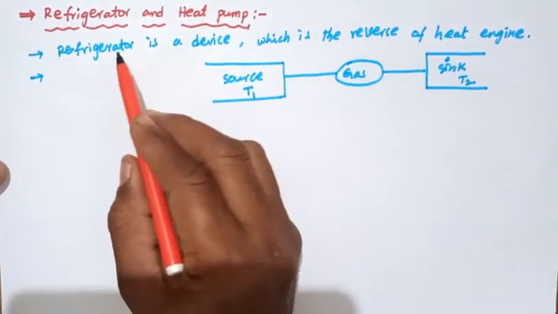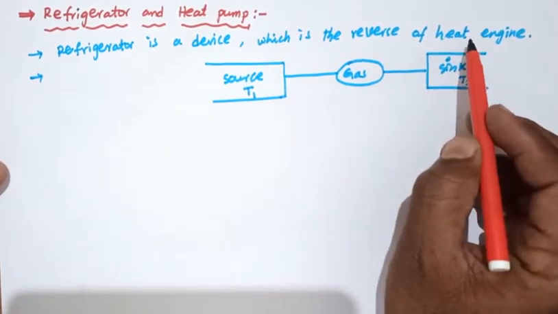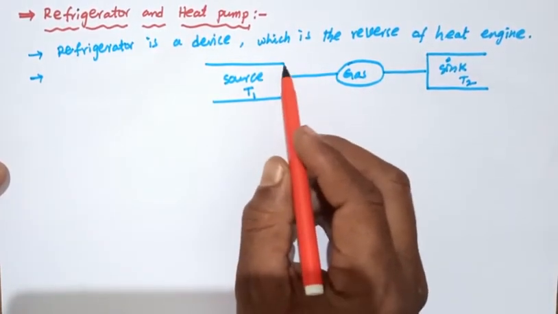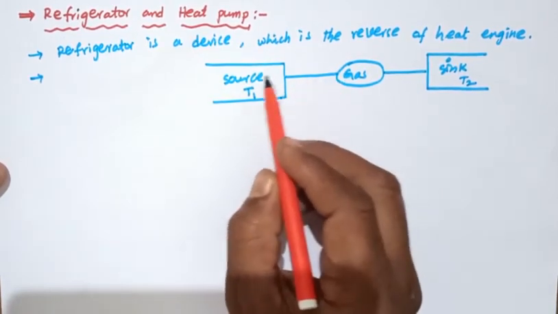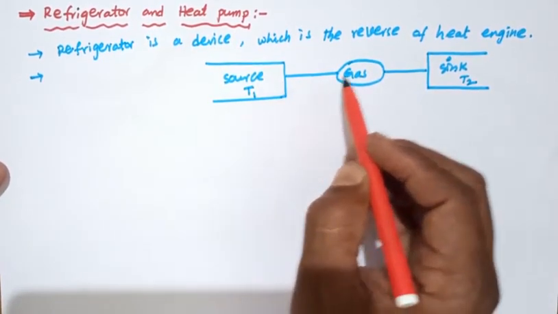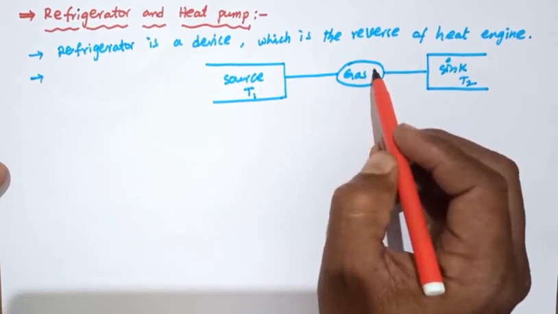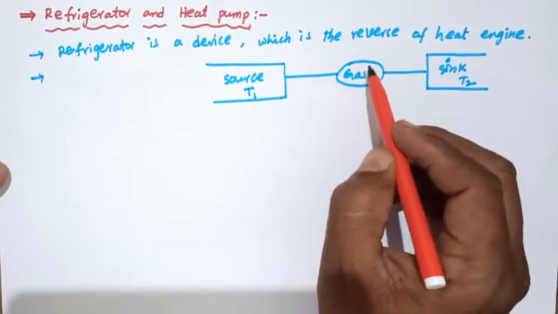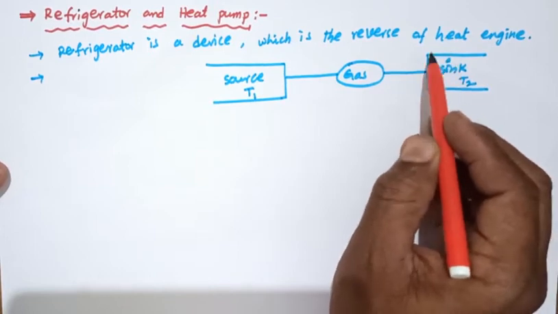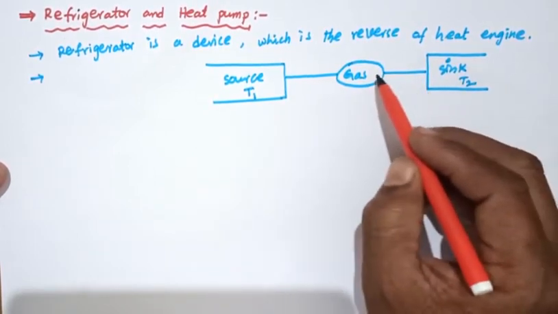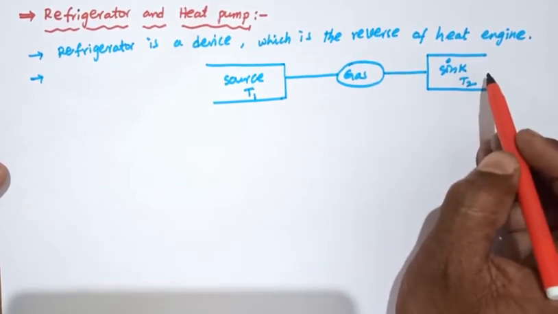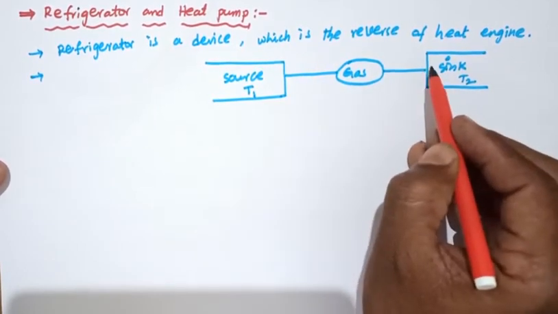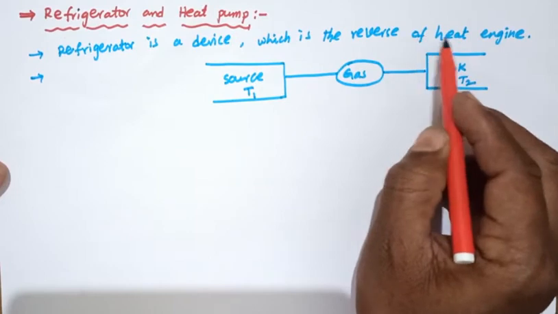Naturally in the heat engine, Q1 heat is taken from the source or hot reservoir, work is done, and the remaining heat is given to the sink or cold reservoir. Here is the reverse direction of the heat engine.